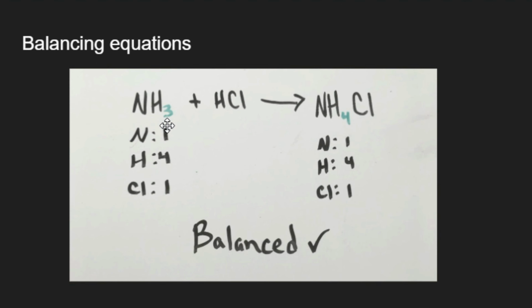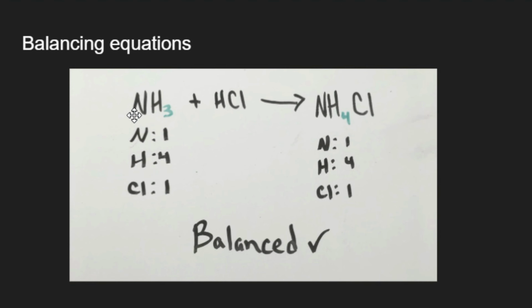Now, this is a good way to solve balancing equations, because here you can see this person has listed out how many atoms are on the left hand side, and how many there are on the right hand side. And as you can see, it's balanced. Let's count again.